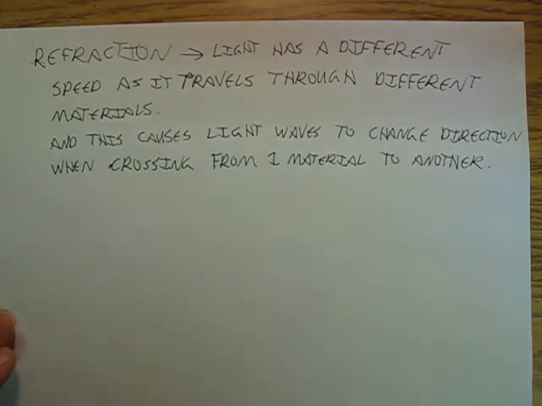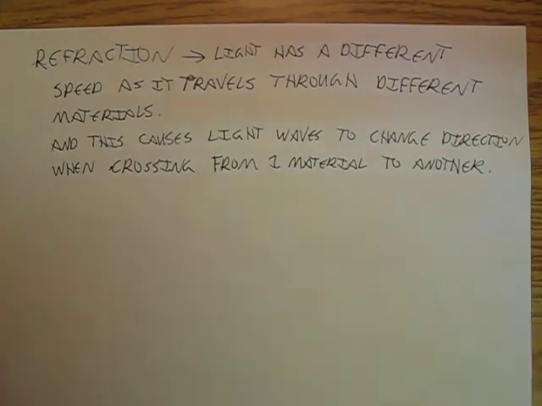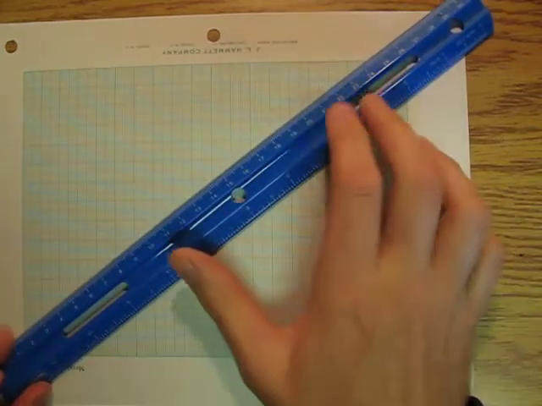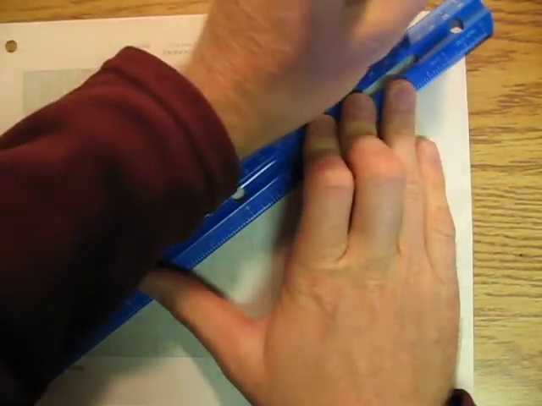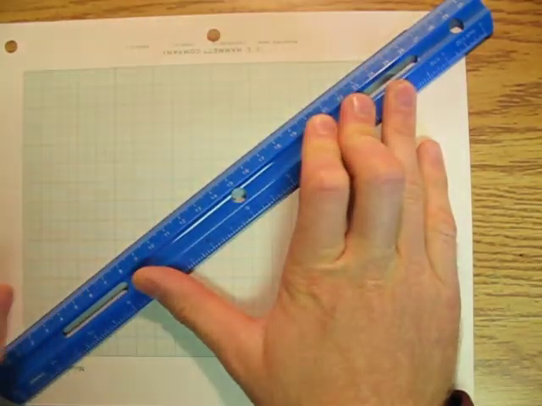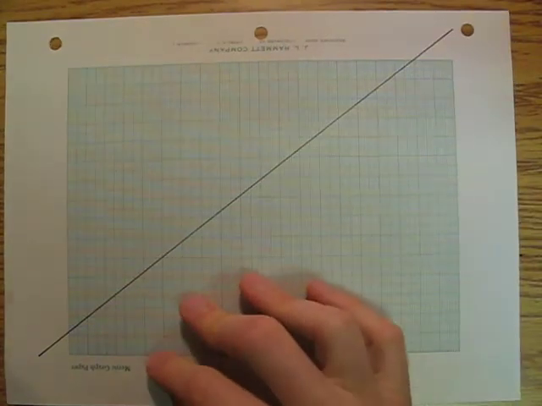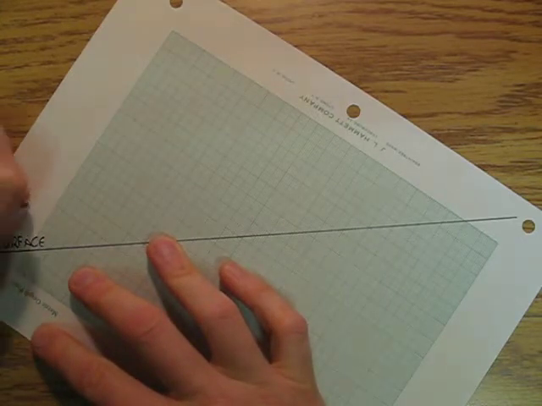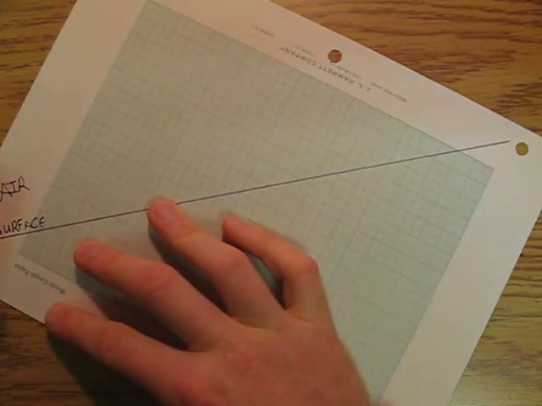Okay, so let's see if we can do something that shows what I want to show. We're going to have a surface here, and on this side is going to be air, and on this side is going to be glass.